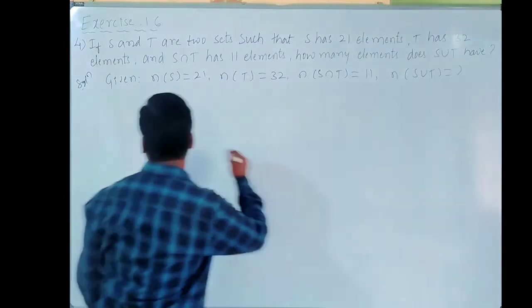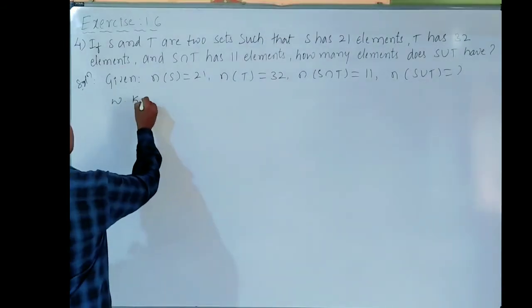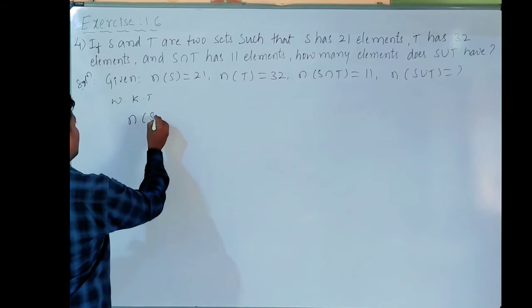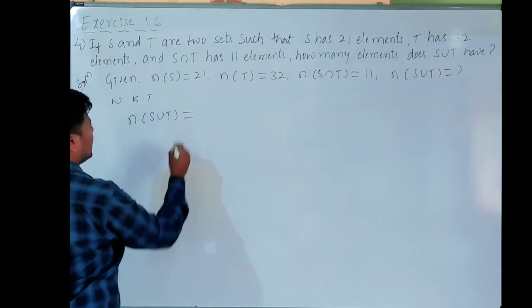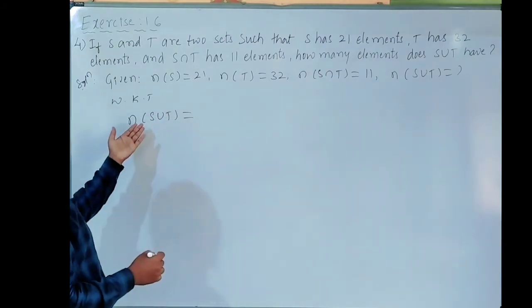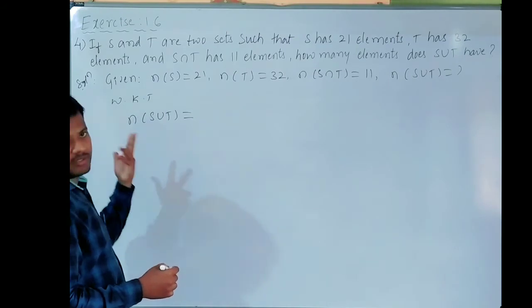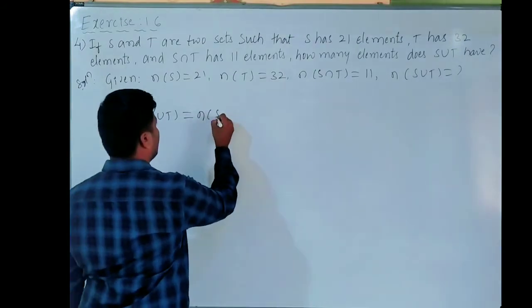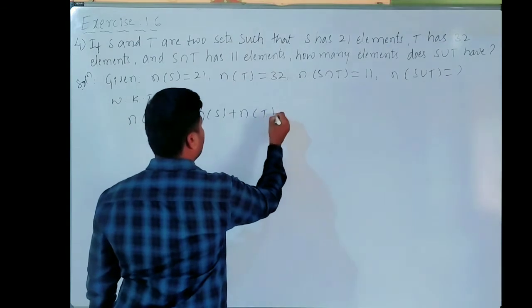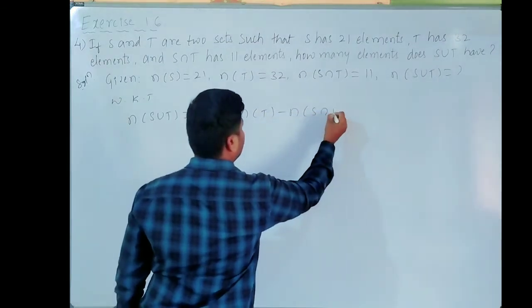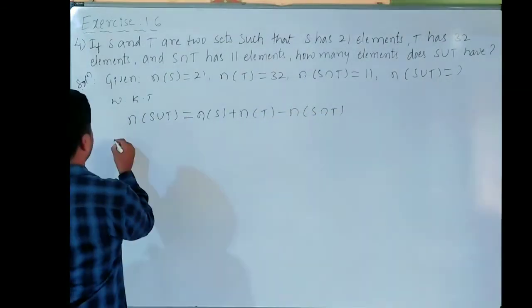Okay. We know the formula. What is n of S union T? Same formula, A replaced by S, B replaced by T. So n of S plus n of T minus n of S intersection T. Substitute the values.